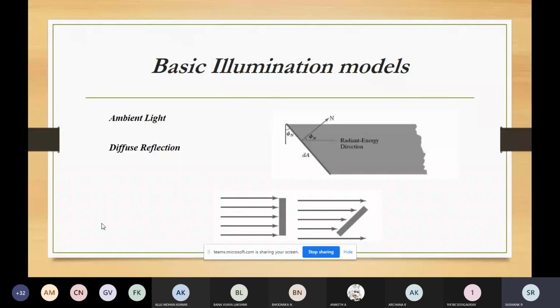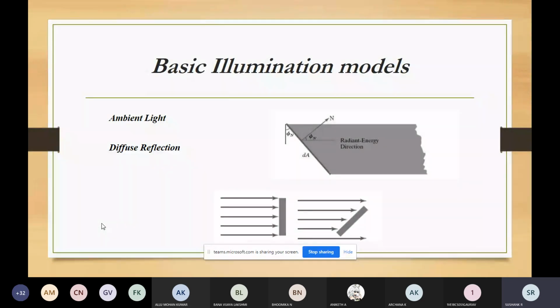But the amount of light that is reflected depends on the surface properties, like how much of the rays will be reflected and how much will be absorbed. Those parameters will decide these characteristics.